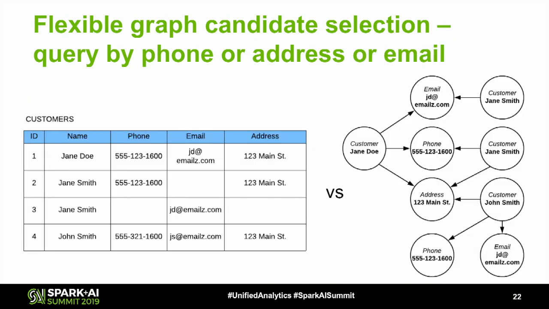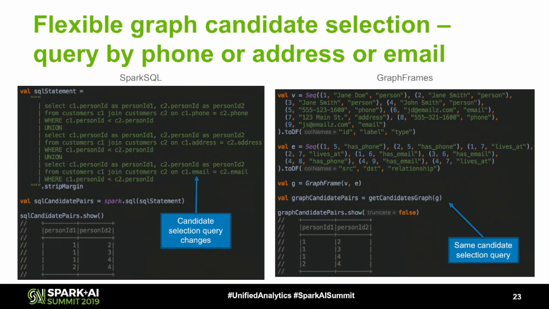So we can add another attribute, email, here. And the same thing: we had to add a little bit more to our SQL query. Now, my specific SQL query, you could probably do that other ways, but the point is that you'll most likely have to change that, whereas the graph candidate selection query stays the same.